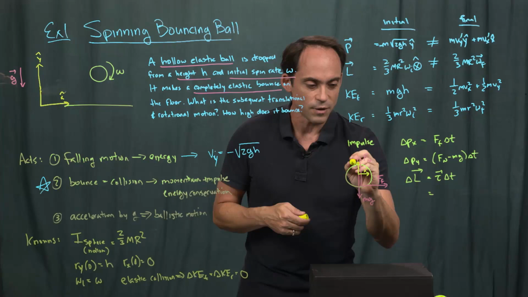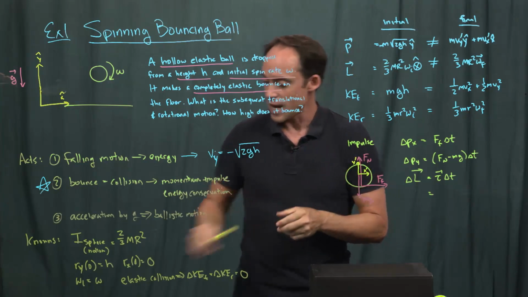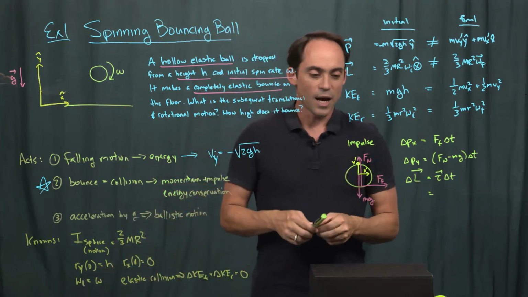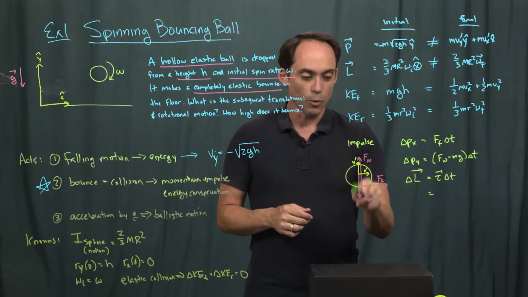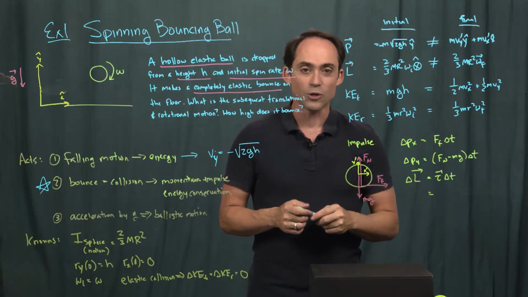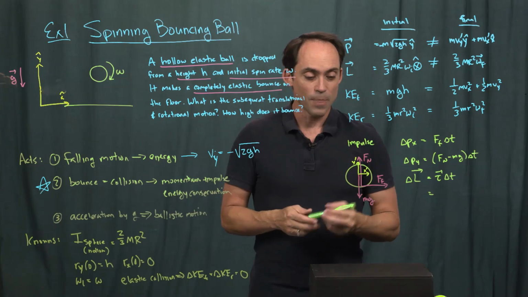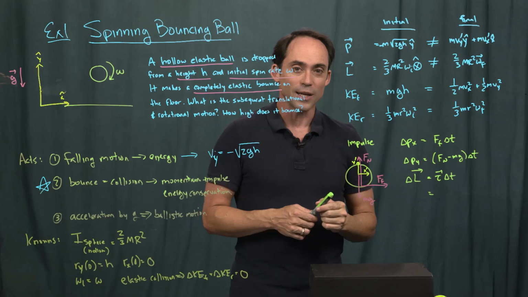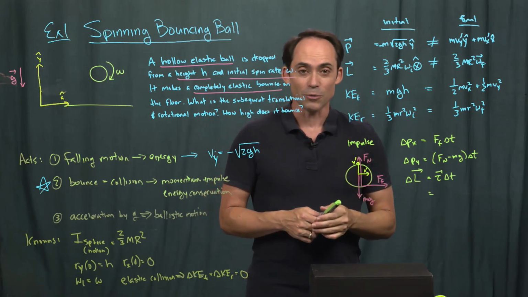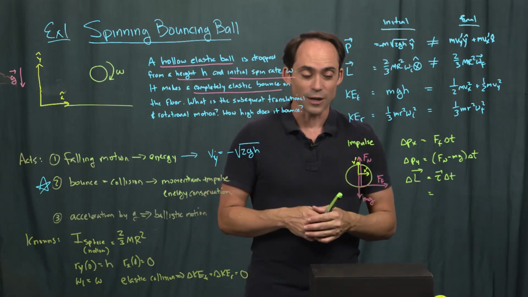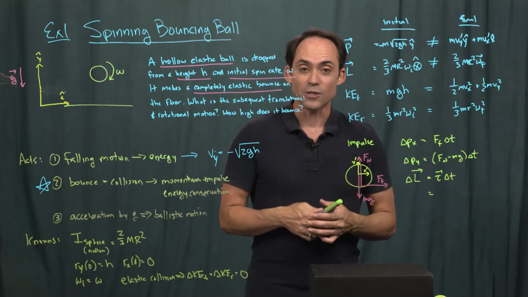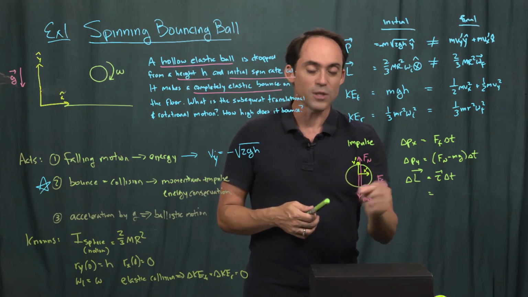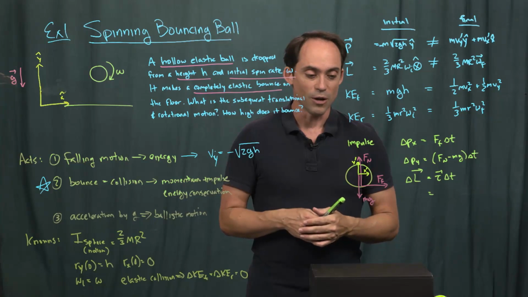and I'm going to give these prime notations because we're just calculating it at this point, then you can see that, first of all, the weight vector is centered at the origin, so it doesn't have any torque component. The normal force, from the origin down to the contact point, is anti-parallel to the normal force, so there's no cross product there. So not surprising, the only thing that's causing a torque is the friction force that's acting along the bottom of the ball here.